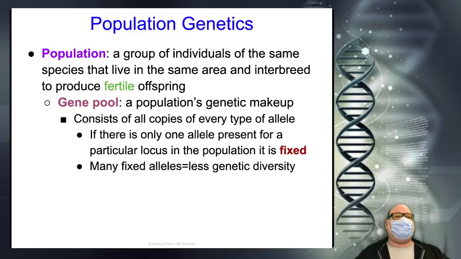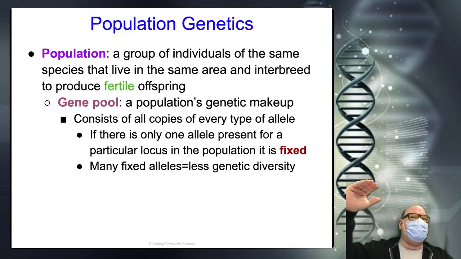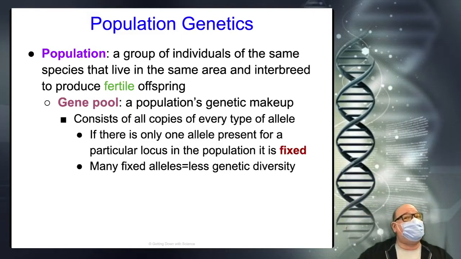So, when we look at fixed alleles, we can look at a gene pool and say, well, there's not much genetic diversity in that gene pool, okay? Or there's a lot of genetic diversity in that gene pool. Now, this particular school is very, very diverse. We probably have a really, really rich gene pool.